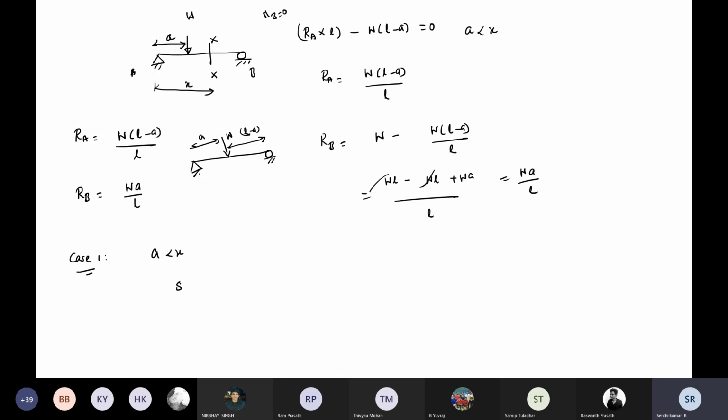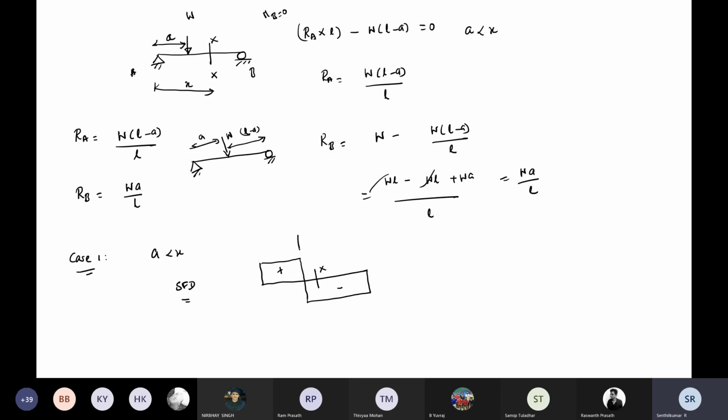So what will be my shear force diagram? My A is less than X. So for example, here, the positive shear force diagram will start at W(L minus A) by L, and it will go down at the load W, drop, go here, and it will finish. So this will be the positive, this is the negative shear force. There you can see my X will be there.